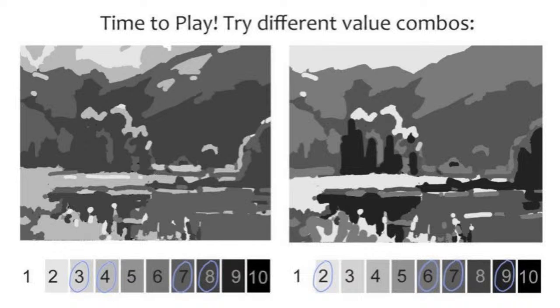So on that, I had like a 9 or an 8. And as you try your different value combinations, you can see that you really changed the motif, which means what you're trying to say, or why you stop the car, or what it is that you're interested in painting, if that makes sense. Okay, so on the left, I had 2 values that are really close together, the 7 and the 8. And then I had 2 values that are close in the light department, because I really wanted to get clouds.